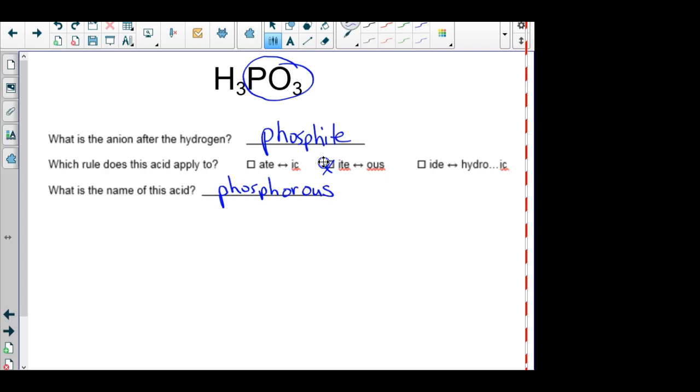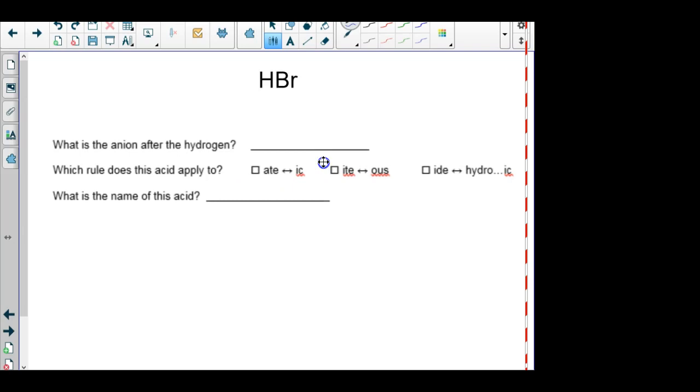So phosphorous acid. Again, this is bromide. So hydro-ic, so hydrobromic acid.